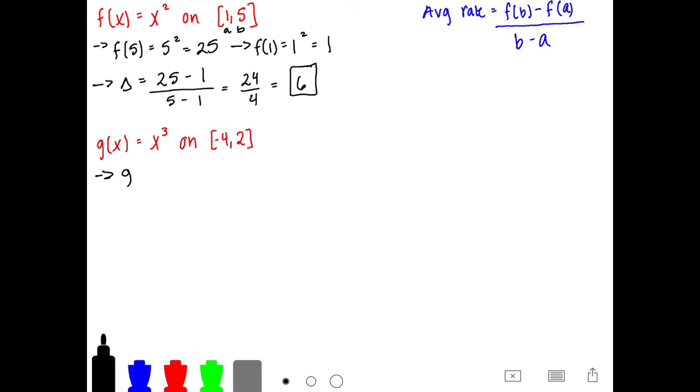So we have g of 2 equals 2 cubed, which equals 8. And then you have g of negative 4 equals negative 4 cubed, which equals negative 64. And then you just plug that in.